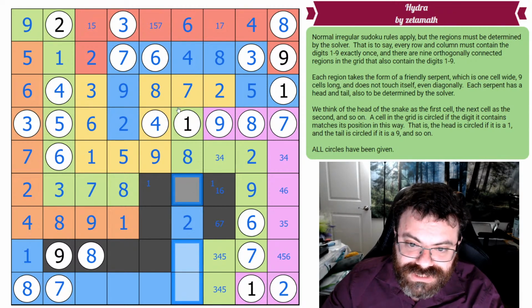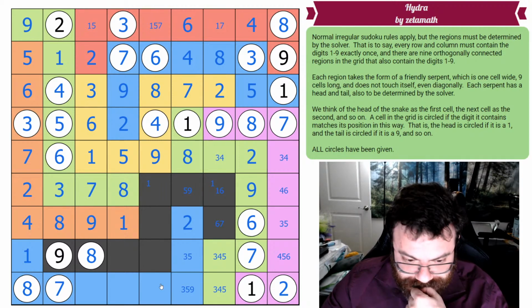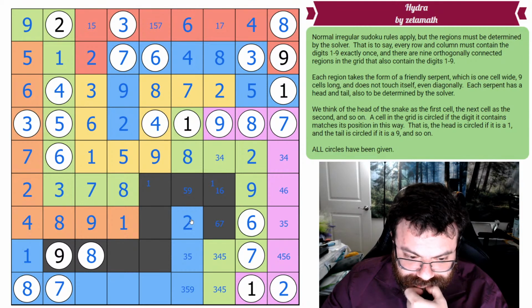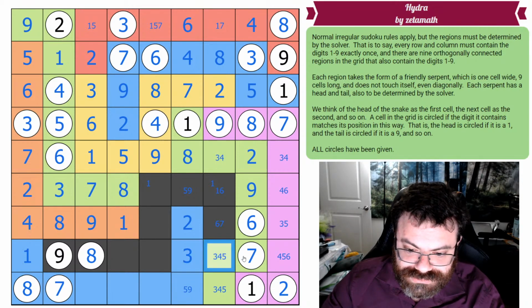This column we have a 1, we need 3, 5, 9. That's not a 9. It's not a 3. Let's see. This can't be a 3 because of the negative constraint. That leaves this for a 3.